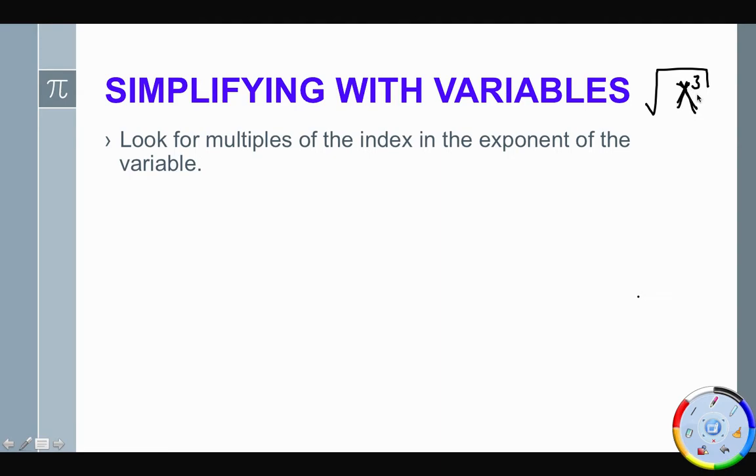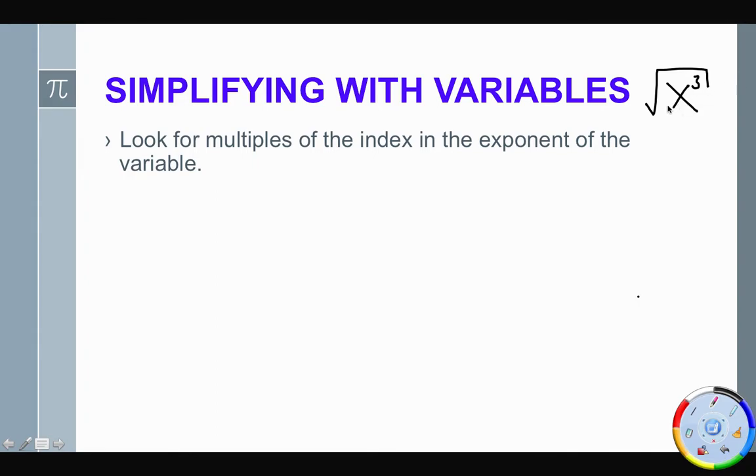Now we can do this. This is algebra. We understand that we are allowed to do all types of math with variables. So radicals are no different. What we're going to be looking for are multiples of the index inside the exponent.